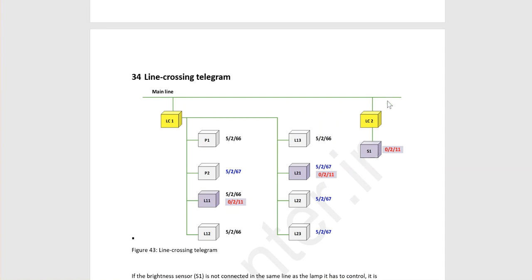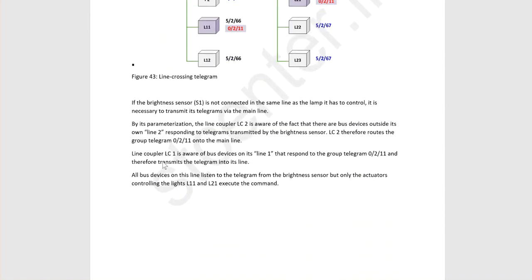We are still in the same area, area number 1, but as you see, two lines are used to represent this project.